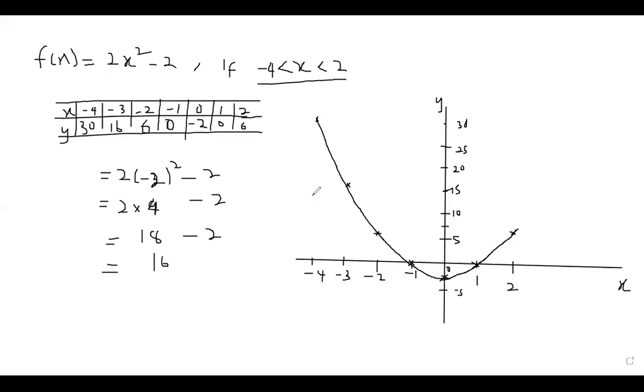So over here at -4, open the edge to let everybody know that -4, even though calculated, is not part of the domain and the range. Then at this point too, 2 is also not part.